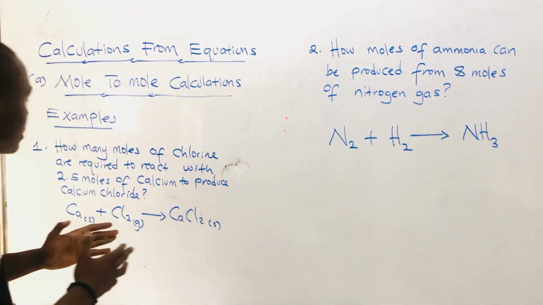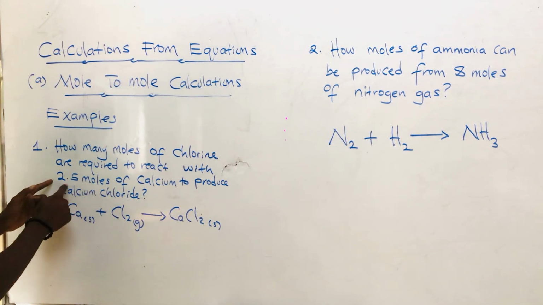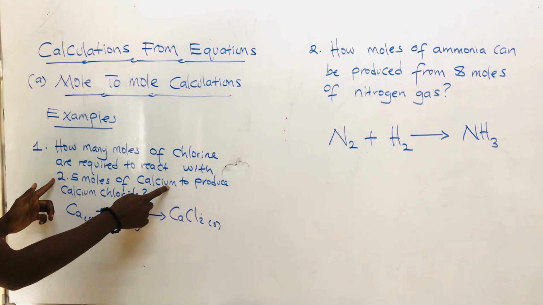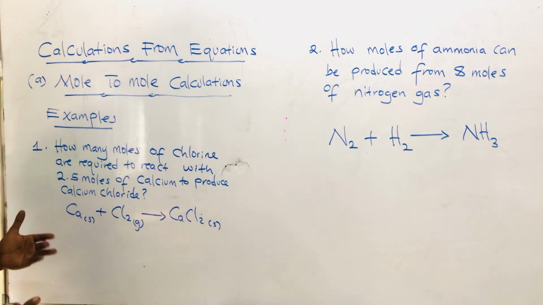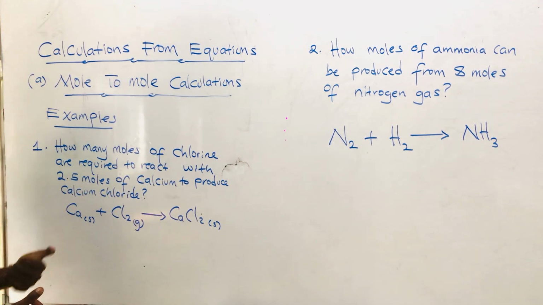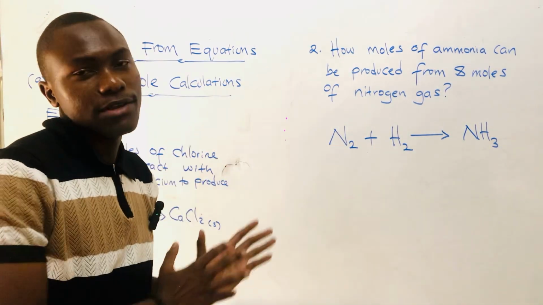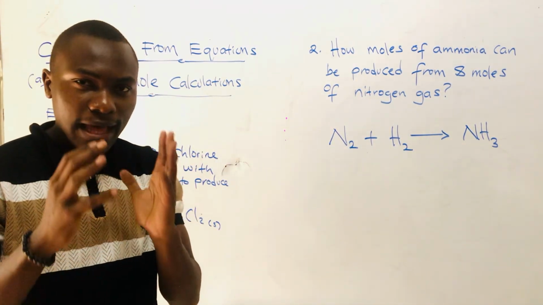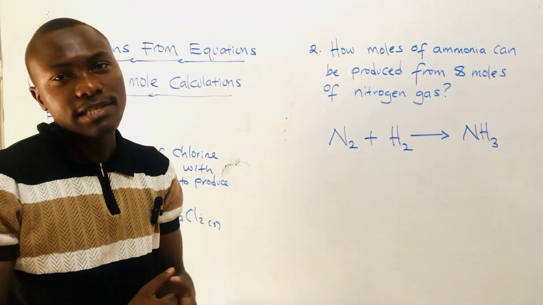They've given us the number of moles of calcium, 2.5 moles, and then they want us to calculate the number of moles of chlorine that are required to react with that amount of calcium. So mole to mole calculations. They give you the number of moles, and then they're asking you to calculate the number of moles again. So how do we go about it?